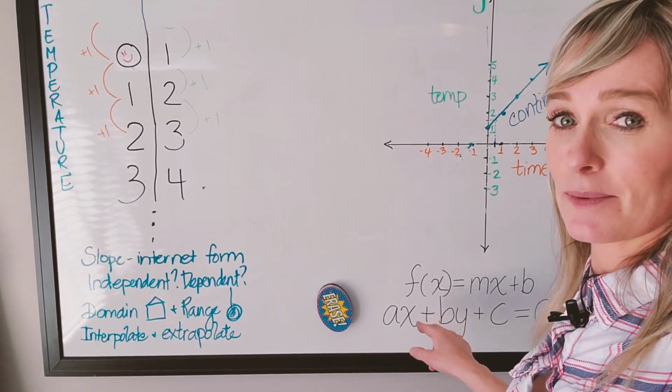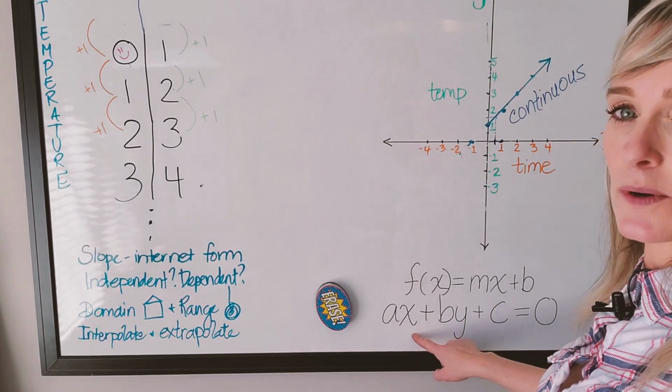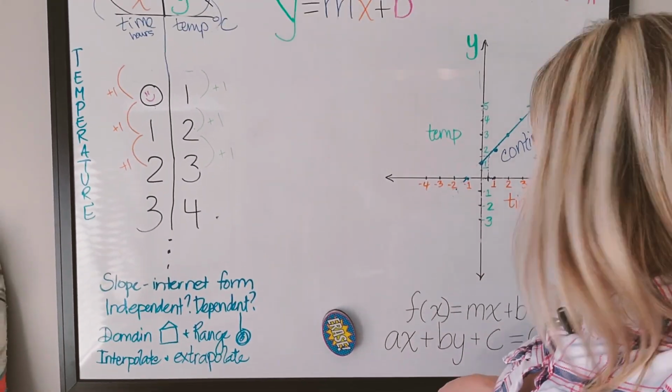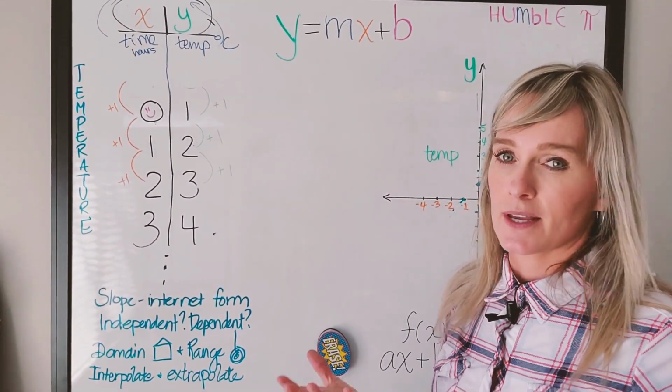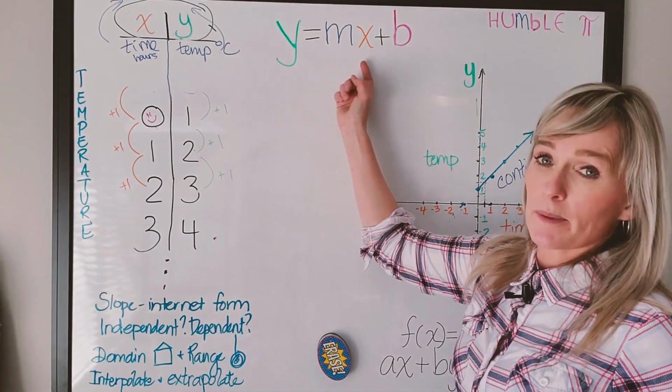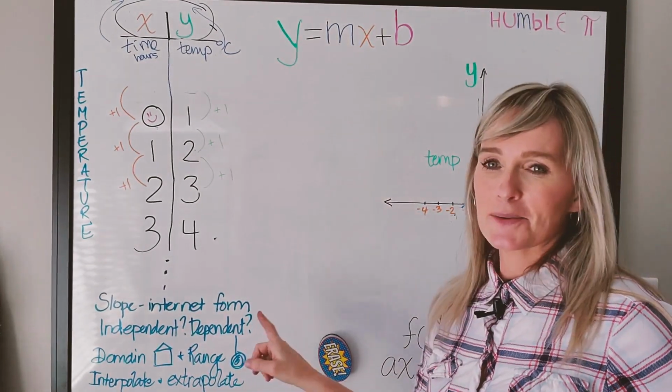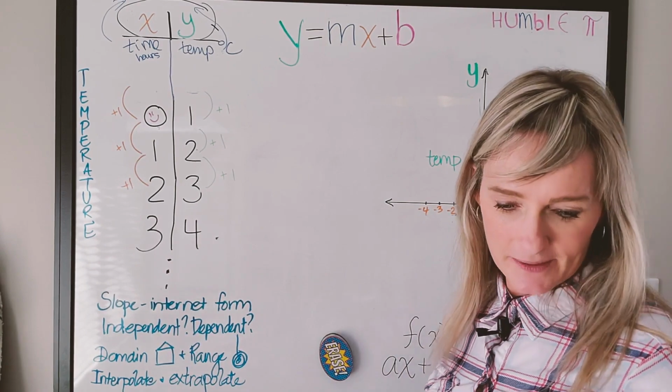There's a relationship there. And then this last one is standard form. So those are just some other forms. We're learning about the slope intercept form, and there was a mistake over here, so I hope somebody caught it.